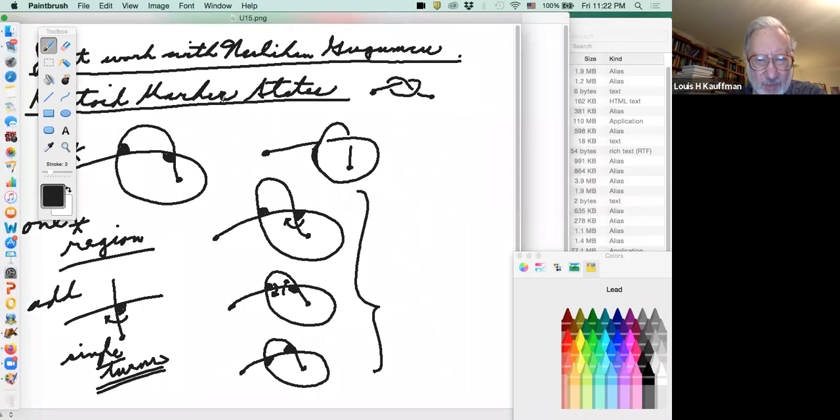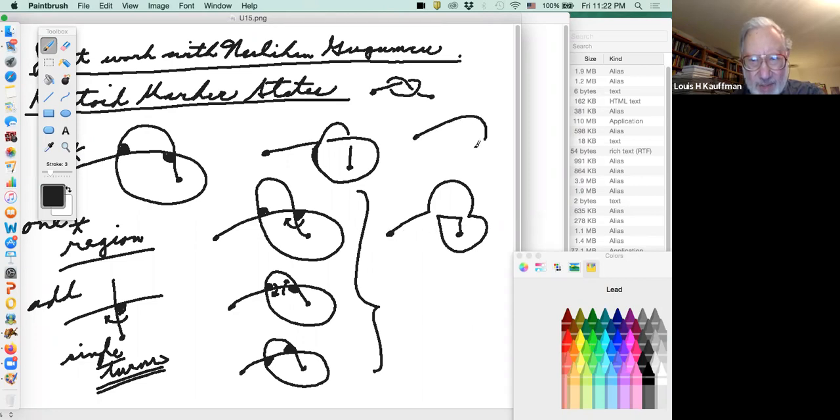Some variations. For example, suppose that I smooth these. Then you see I'm getting a pathway on the basic diagram. This is the basic diagram. I'm not worried about over and under crossings yet. I'm getting a pathway that goes from here to here and never crosses at a crossing.